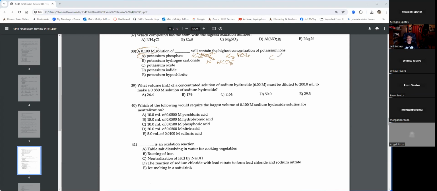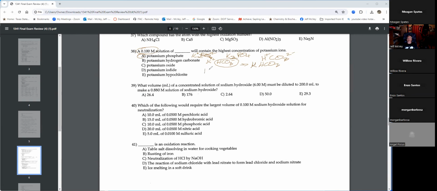Carbonate has a 2 minus charge. If I stick on a hydrogen with a +1 charge, the intact hydrogen carbonate ion becomes a -1. So this is -1 and +1, and that just becomes KHCO3. So that's just a 1-for-1.